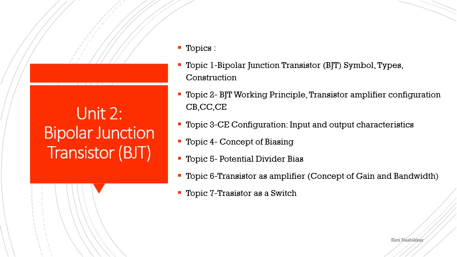And then we had seen the circuit of the transistor as an amplifier, in which the concept of gain and bandwidth was seen. And at last we had discussed the transistor as a switch circuit. Okay, so we have to discuss the objective questions based on these topics only. So let us start with it.